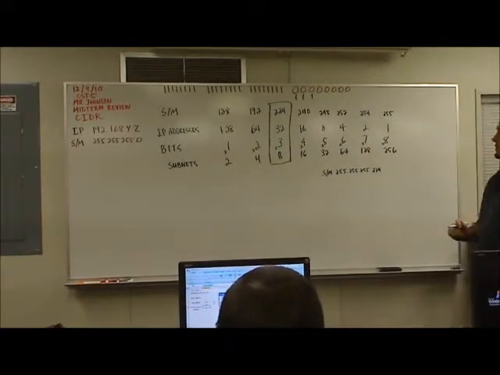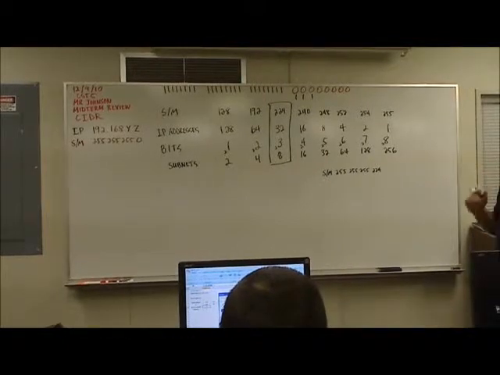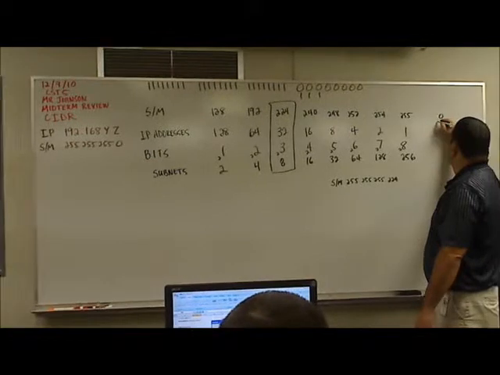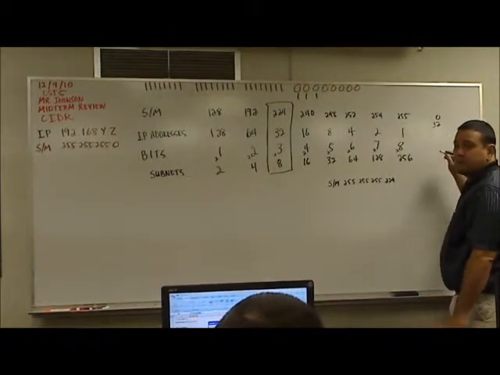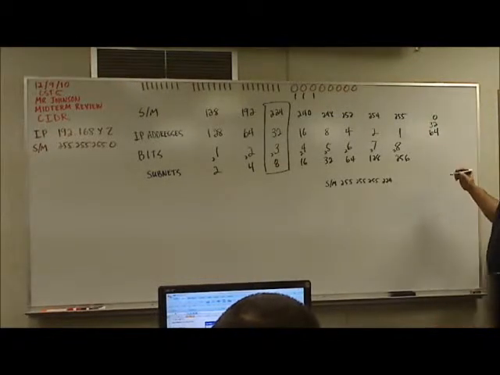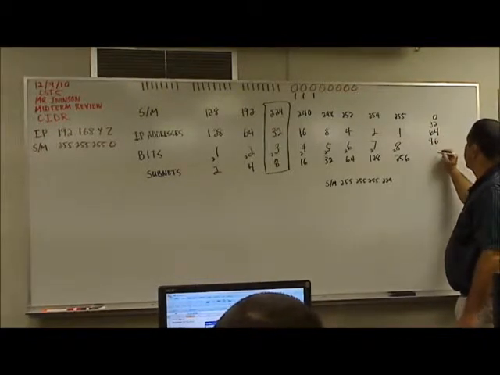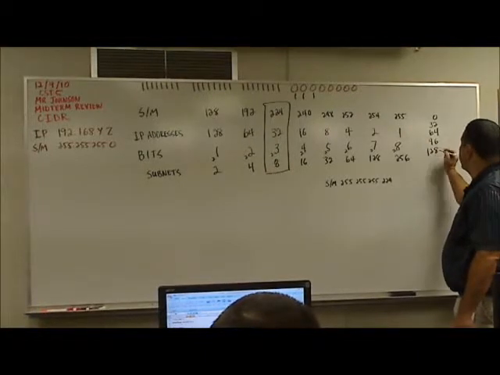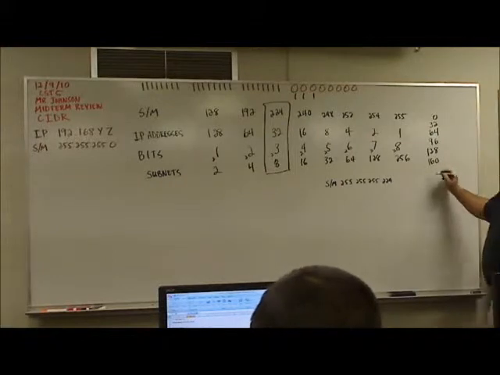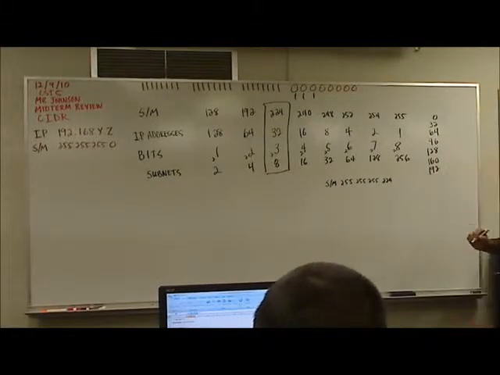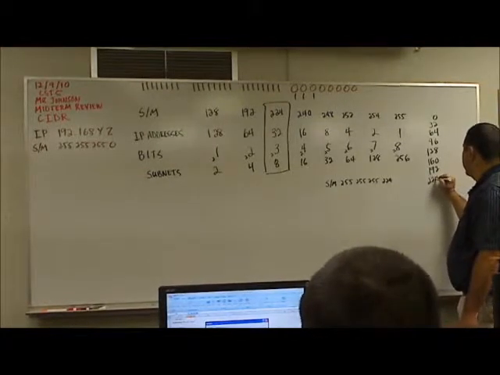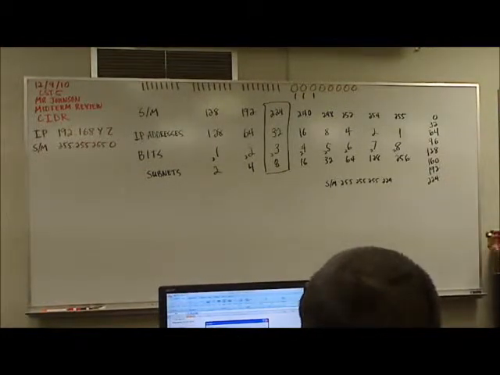So what else is it telling us? We have 32 addresses, correct? So 0 is first, then 32, 64, 96, 128, 160, 192, 224, and the last one would be 256, correct?